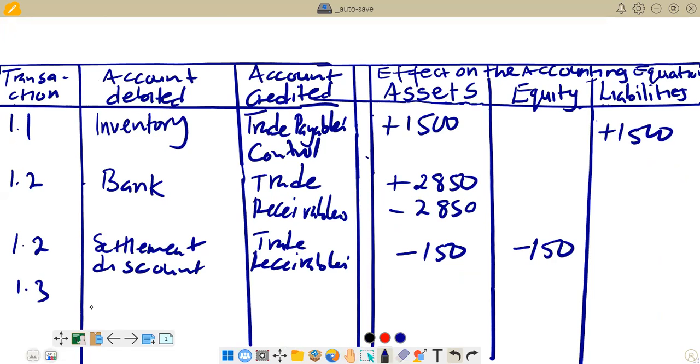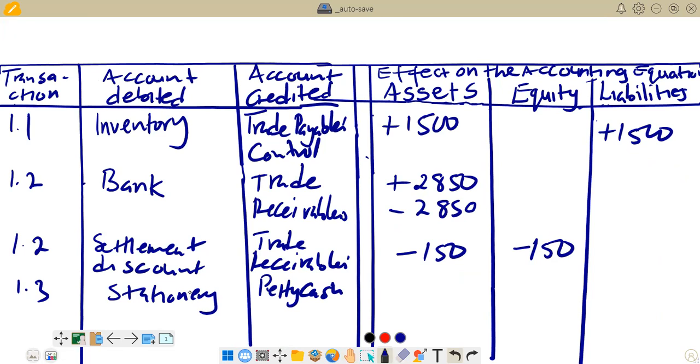So on 1.3, we are saying we are debiting stationery. And then we are crediting petty cash. Right. So when we debit stationery, remember, stationery is an expense.